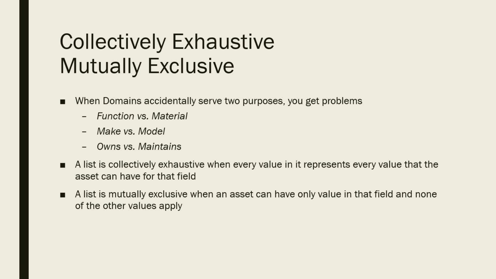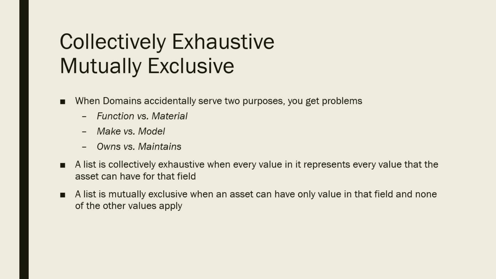If something has two functions in your drop-down list of values, oh man, you're kind of stuck. You've got to figure out if you need an additional field for that, or if you're going to create a relationship with another table. But this can get really tricky. If function and material are represented by one field, then things get really sloppy really quickly, and I would just advise to split those out.